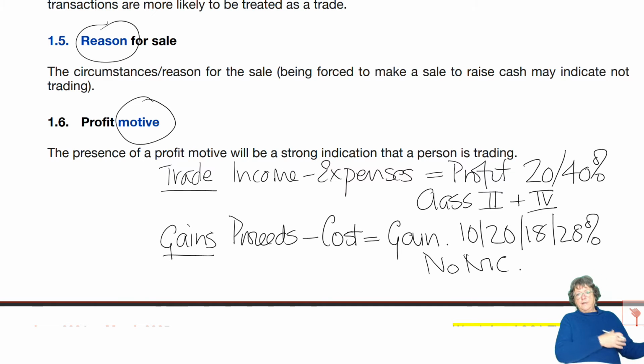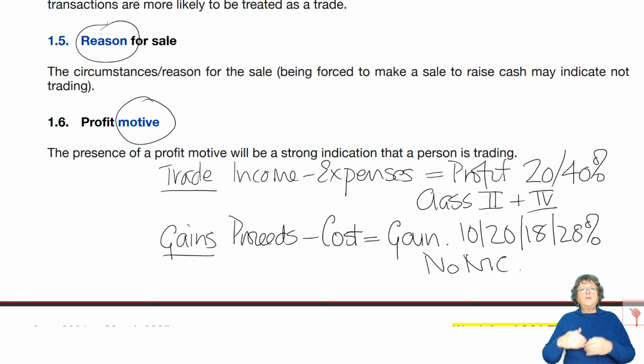You sent it off to the revenue using proceeds less cost equals gain, taxed it at whatever rate is applicable. And the revenue have looked at it and decided, maybe not. I think this is trade, and they will look at all of these rules and they will determine maybe that it's actually trade. So they will query the tax return and say, no, we don't agree with that.